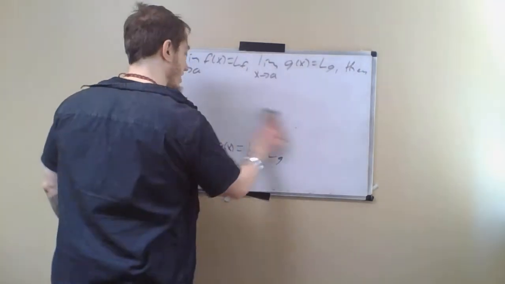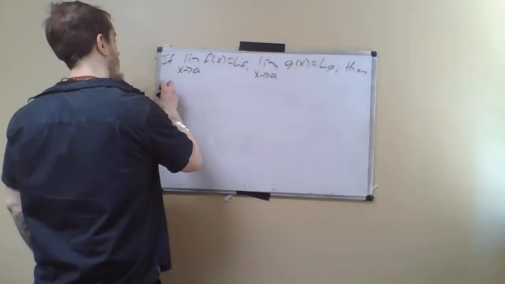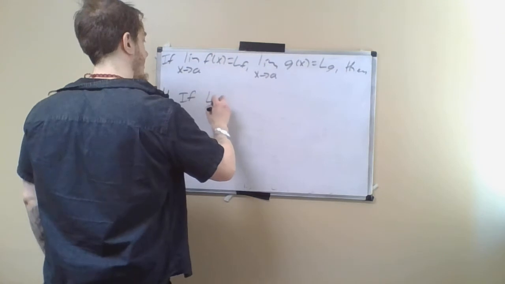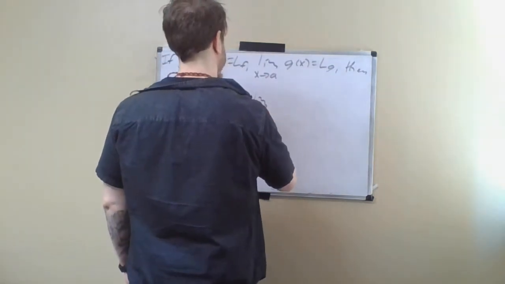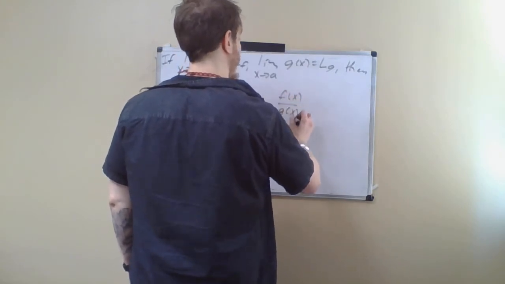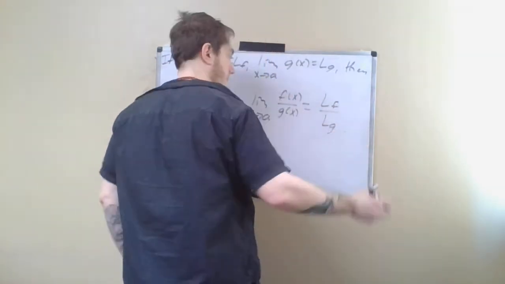A fourth property that I do not have space to quite write here is that if LG is not equal to 0, then the limit as x approaches a of f of x divided by g of x is just LF divided by LG.